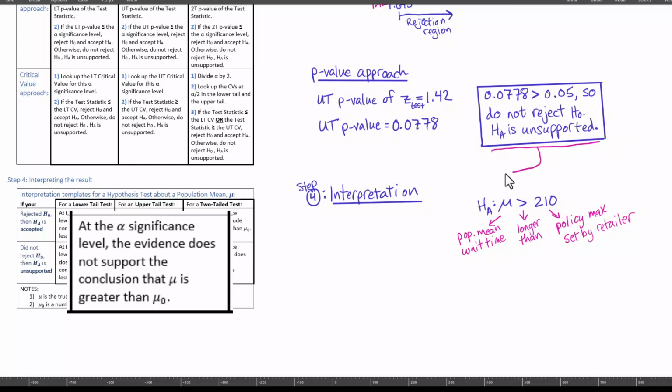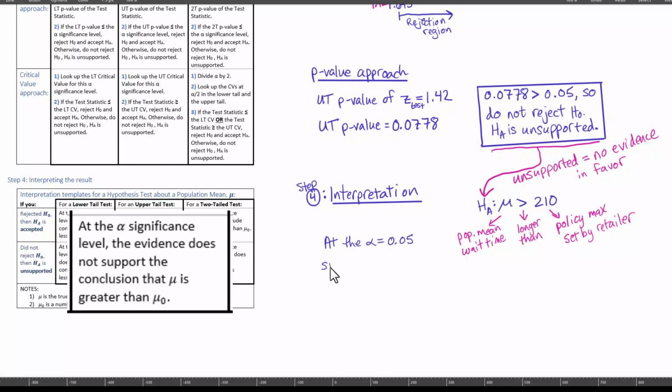We found it was unsupported because we could not reject the null hypothesis. And when HA is unsupported, what that means is there is no evidence in favor of what it says. So there is no evidence in favor of the statement that the population mean wait time at store 156 is longer than the policy max.